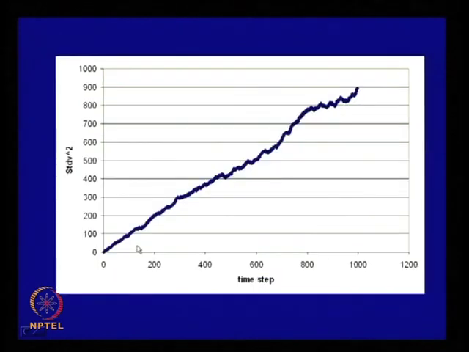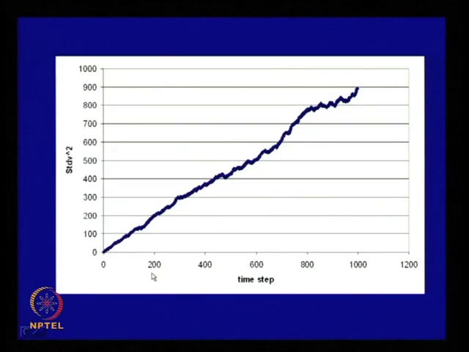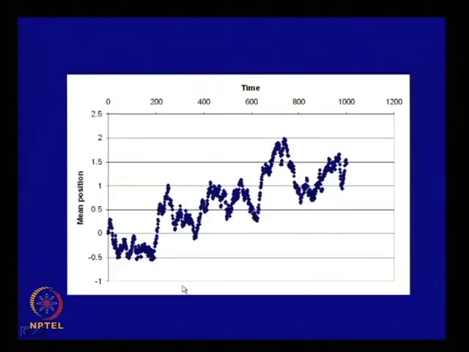You can go on and look at the previous one here, and this is a parabola, and if you plot standard deviation squared, you get a straight line, and look, the slope is constant. The slope is constant. Next, the mean position keeps on fluctuating here, and in fact, this is not the same.